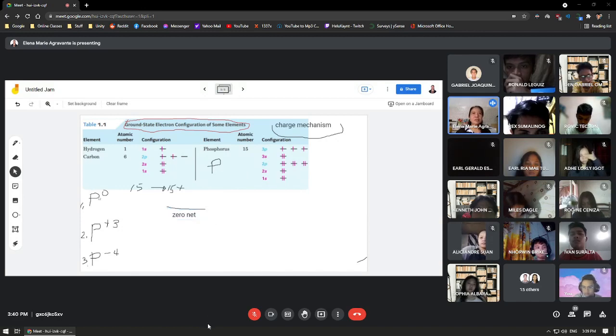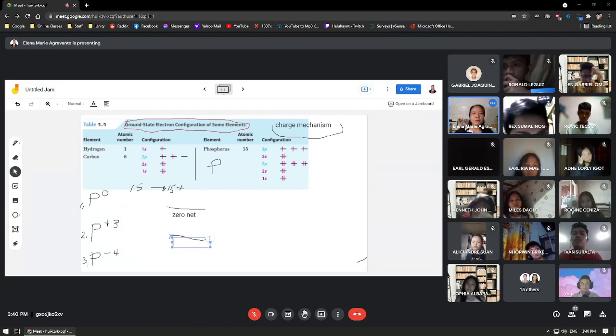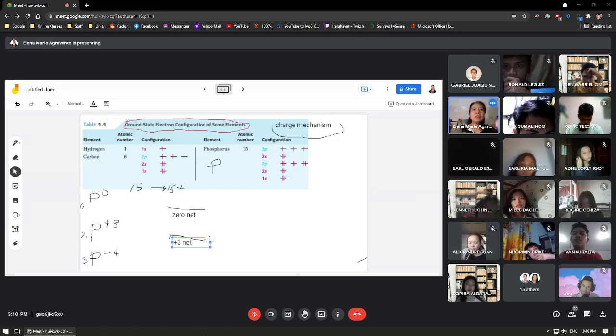Now, notice the charge there is 0 net charge. In here, if I write the net, in this species it would be positive 3 net charge.